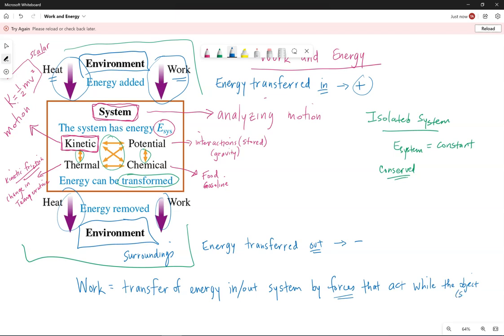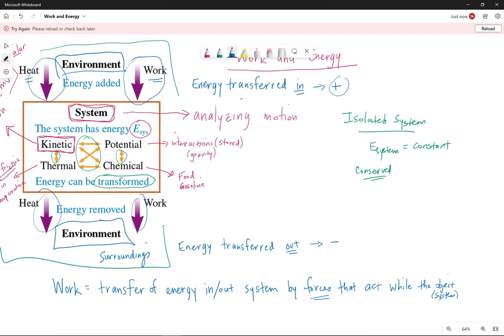And by object, this could also be system. So while this object or system is moving. Work is a little more specific than that, which we'll get to. I'll start the next video talking about work specifically.